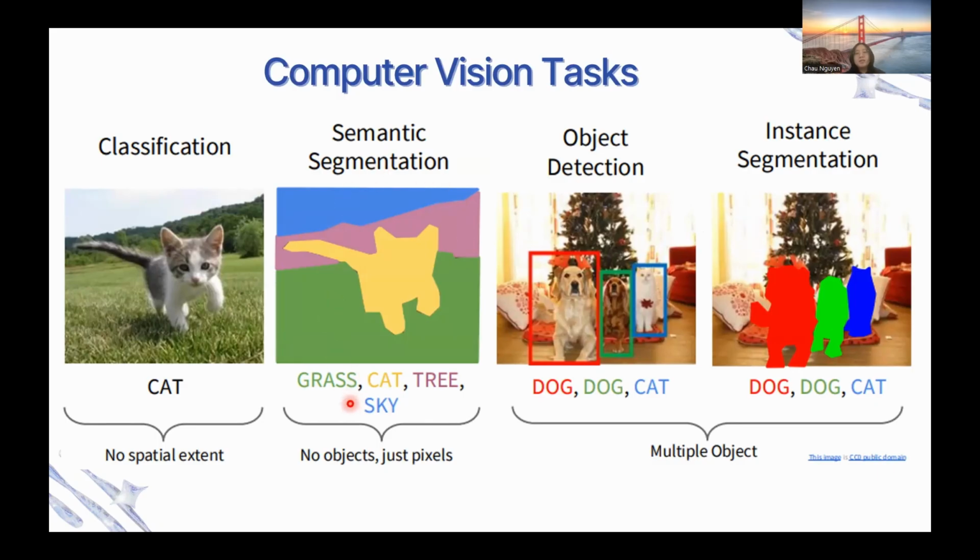The second one is semantic segmentation, where you predict a class label for each and every pixel in an image. The third one is object detection, which requires a higher level of understanding. It's not just assigning labels, but also localizing and producing bounding boxes for each of these objects.